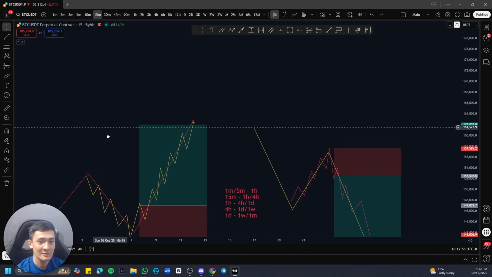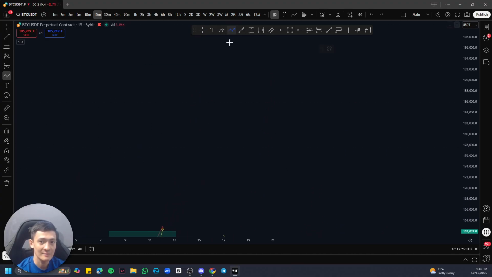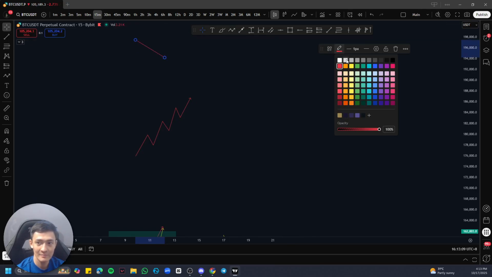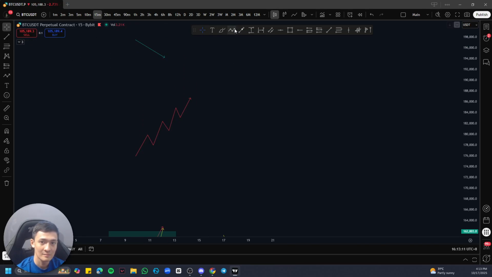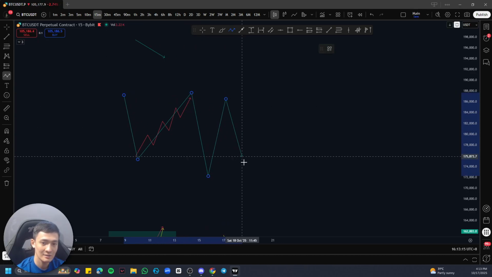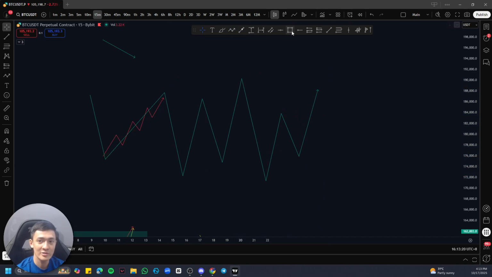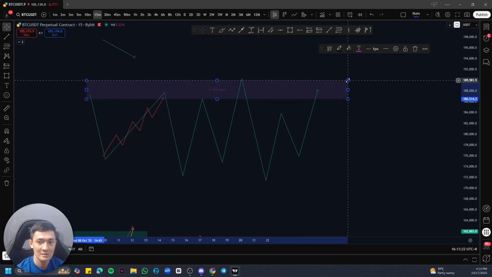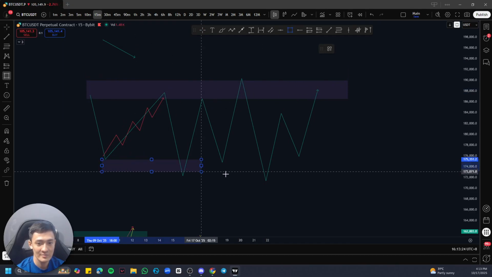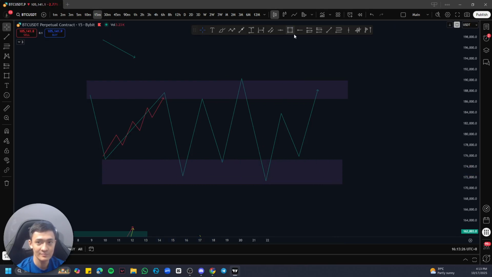Okay, same thing if we are in a sideways market, right? Let's say it looks like we are in an uptrend, but on the higher time frame, what if we are in a sideways market? You don't want to be trading it up into the top of the range, where there could be a reversal.